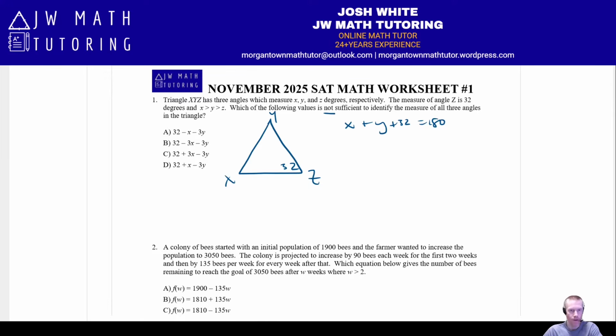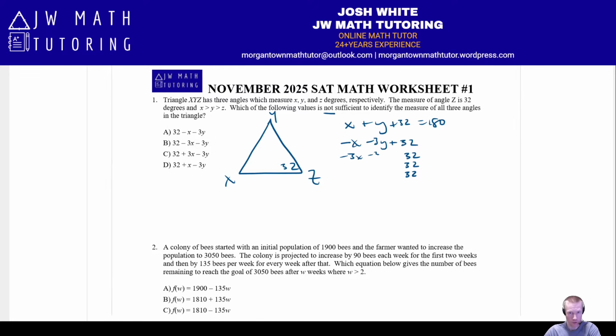Now, if you look at all these answers, all of them are going to be equal to some number. We don't know what that number is, so I'm just going to use a generic C for it. If you set them all up, I'm going to put the 32s all under the 32, even though they're listed first, and then line up the x and the y terms.